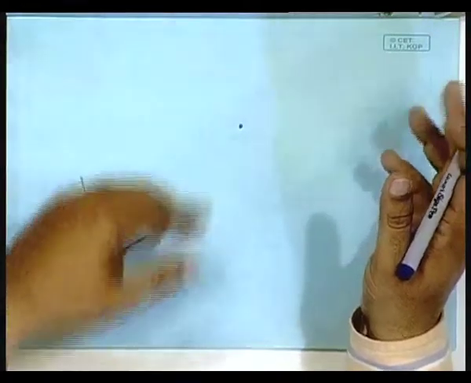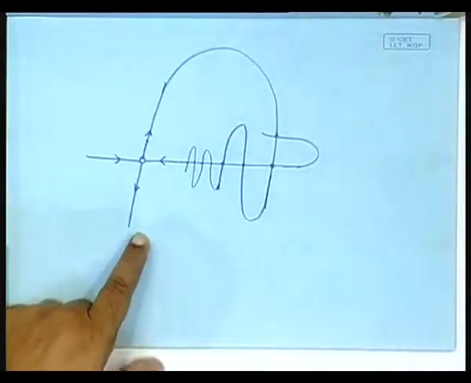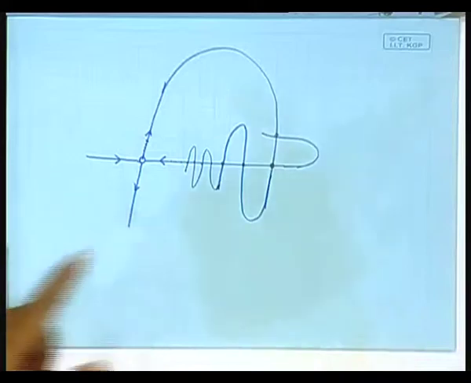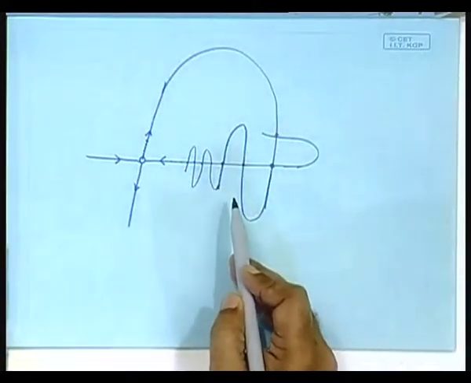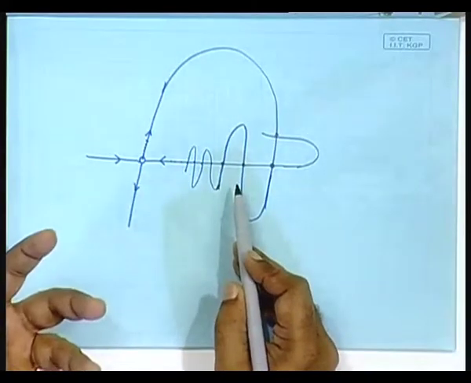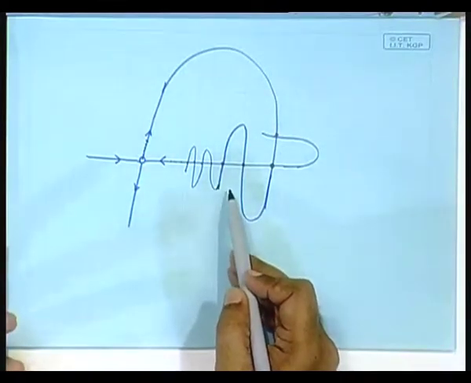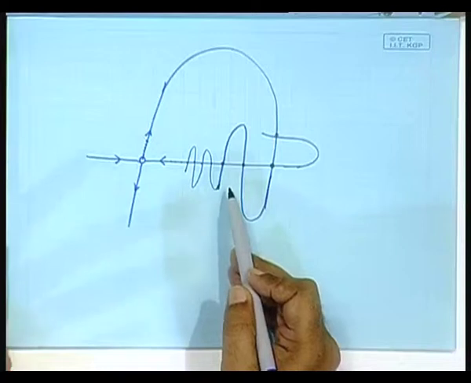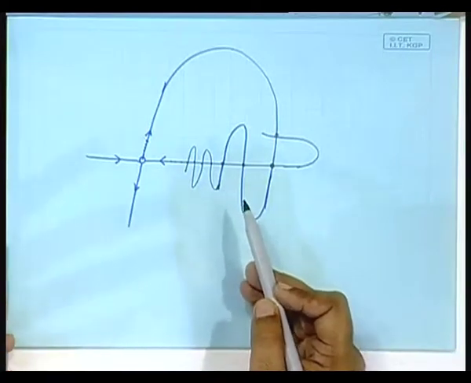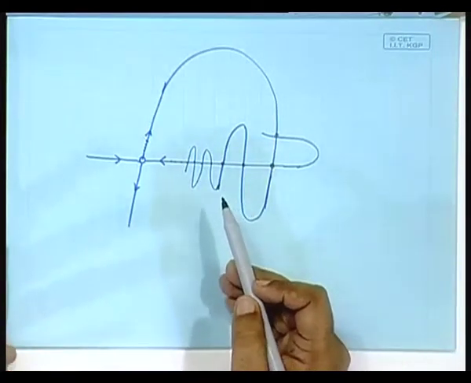What will it lead to? The moment you have this, immediately you know that there are an infinite number of points. What kind of attractor can there be in which there are an infinite number of points? A chaotic attractor.